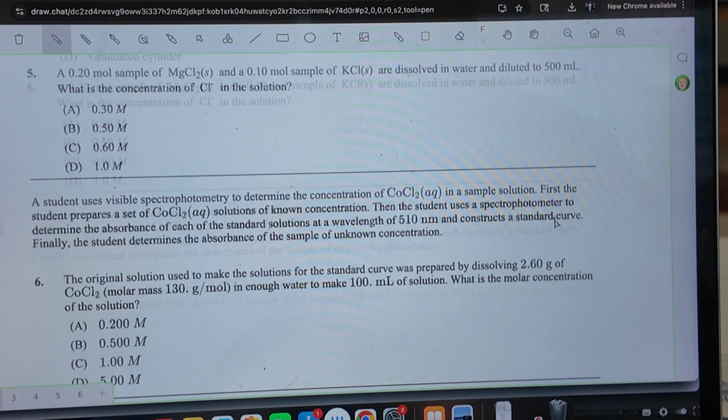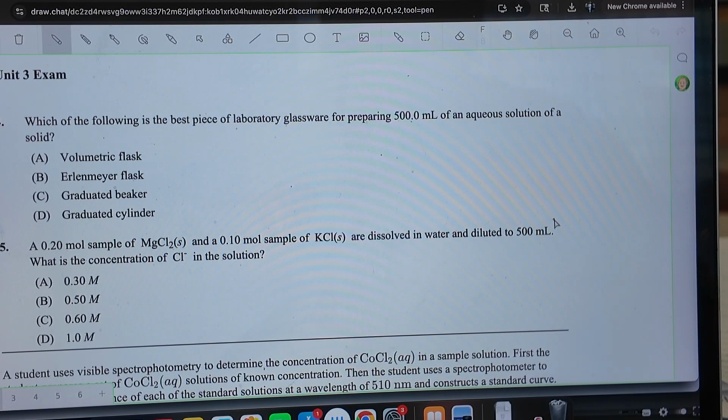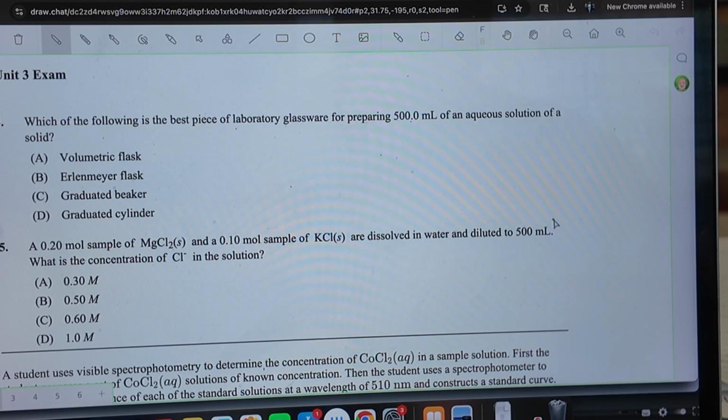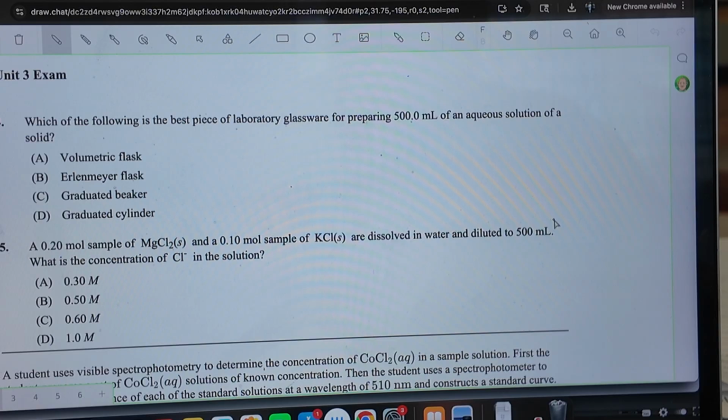Okay. Let's see question number 4. Which of the following is the best piece of laboratory glassware for preparing 500 milliliters of an aqueous solution of solid? When you want an accurate final volume, you use a volumetric flask. It's calibrated, so the bottom of the meniscus hits the exact line when the volume is exactly 500 milliliters.